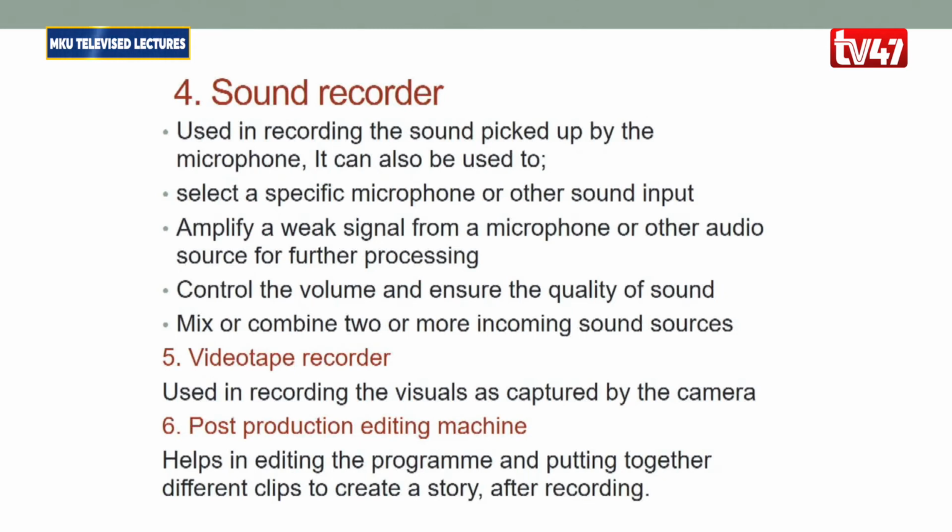So the post-production editing machine can be a laptop or a computer, to help you in putting the raw footage or the raw clips together in a chronological manner for you to be able to create a story out of it. So at this particular stage, you'll also need some software.